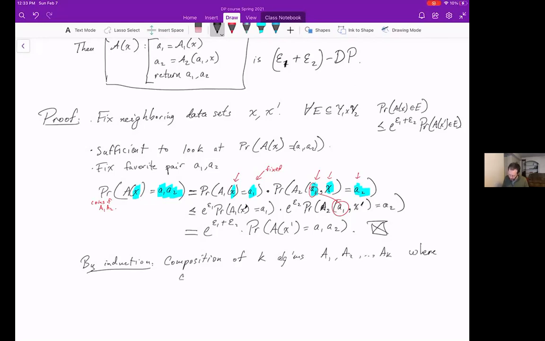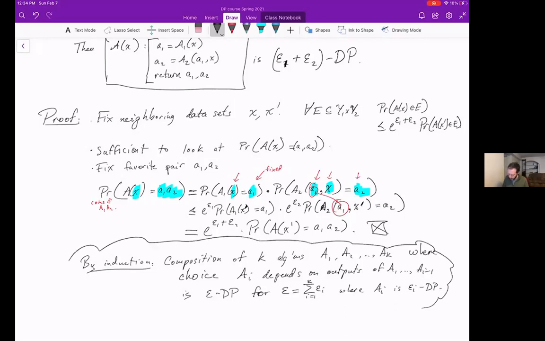Again, where the choice of each algorithm, let's say AI, can depend on the outputs of A1 through A(I-1). So this whole thing is epsilon differentially private, for epsilon which is the sum of the parameters of the individual algorithms. So this is under the assumption that AI is epsilon I differentially private.